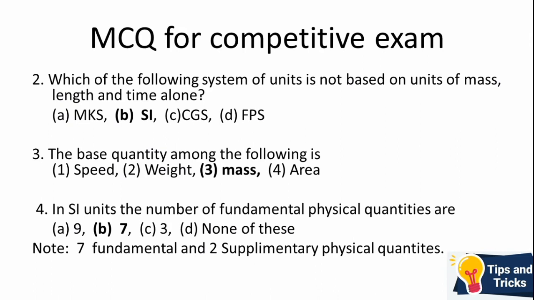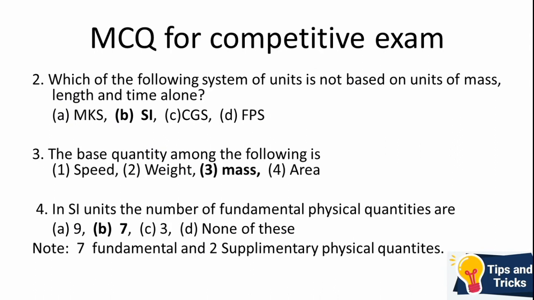Weight is also a derived physical quantity, which is equal to mass into acceleration due to gravity. Area is also a derived physical quantity, equal to length into width. Therefore mass is the fundamental or basic quantity. So the correct option is option 3.